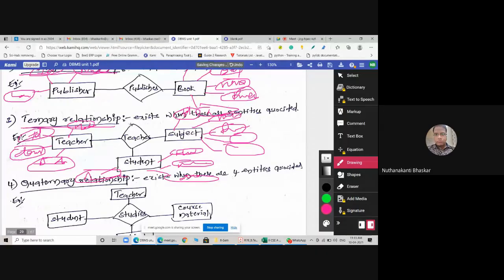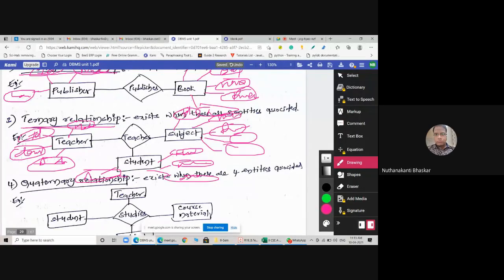Now here, in a ternary relationship, we have three entities. But when you are associating, compulsorily there is a common attribute. Teacher teaches subject, teacher teaches student. When you are associating, there must be a common attribute from teacher to student and teacher to subject.